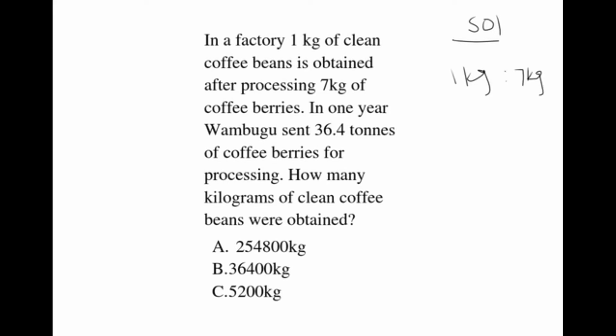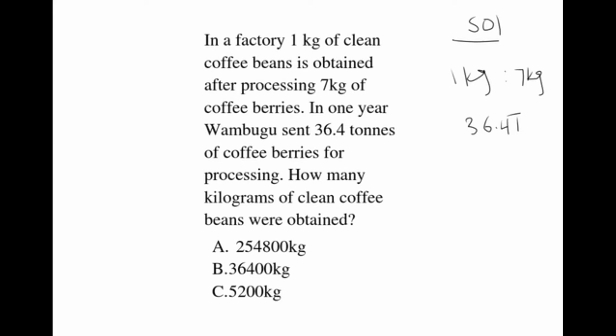Then we are told that Wabugu sent 36.4 tons of coffee berries for processing. Then we are asked how many kilograms of clean coffee beans were obtained. Convert first these 36.4 tons into kilograms.